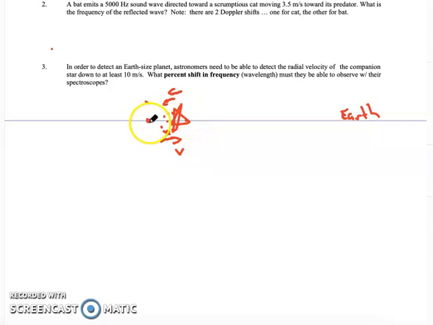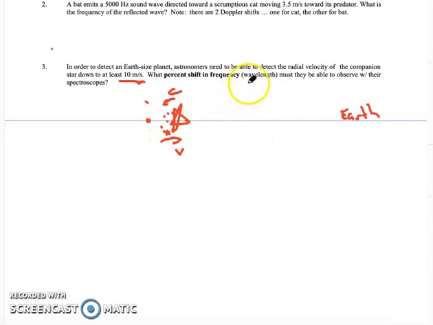And since this is such a small planet, there's going to be a very tiny wobble, so we have to be able to detect that speed down to 10 meters per second, which is exceedingly small. So the question is, what percent shift in frequency, or wavelength, would we have to observe in order to detect that tiny speed, and therefore detect the presence of that planet that's causing that wobble in the first place?